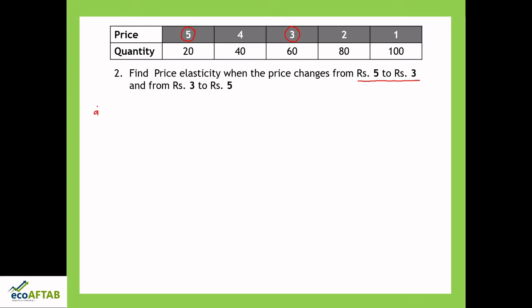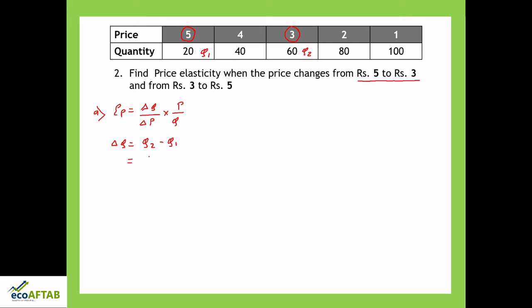So, the price elasticity of demand is equal to delta Q by delta P into P by Q. Further, if you want to know what is delta Q, it is Q2 minus Q1. Here you can see our new quantity demanded is 60 and the old quantity demanded was 20.